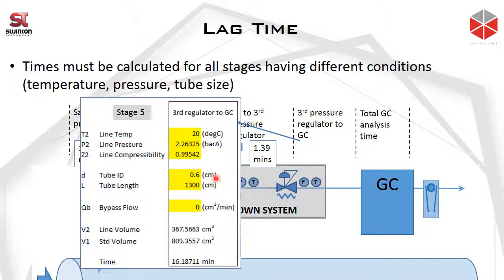The tube ID is the same as the previous stages. At this time the tube length is 1300 centimeters. The bypass flow is no longer applicable at this stage. So using the exact same calculations, then the time towards the total lag time at this stage is 16.2 minutes.